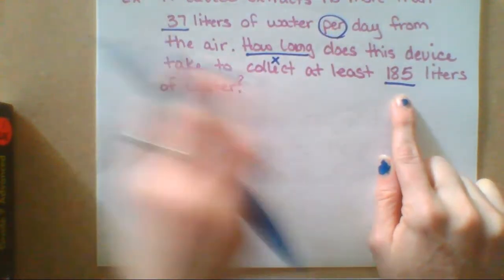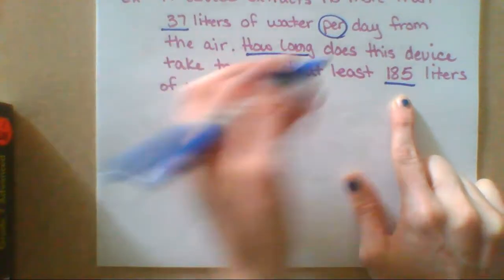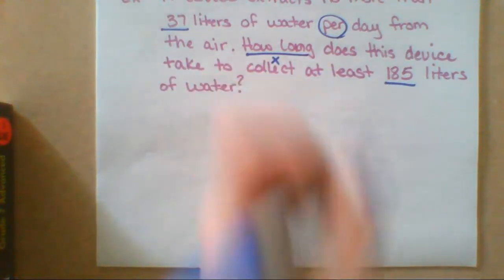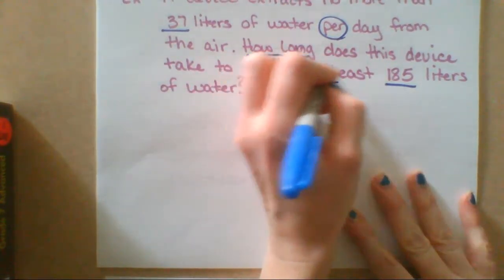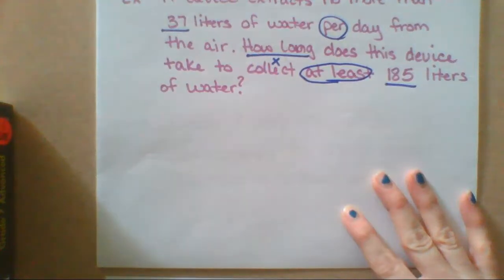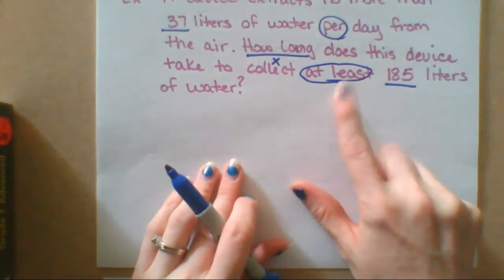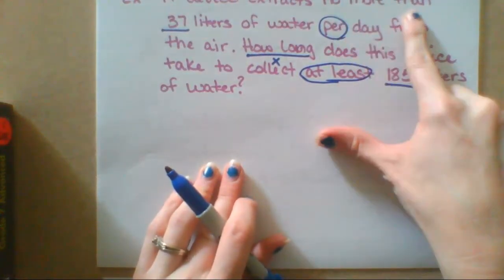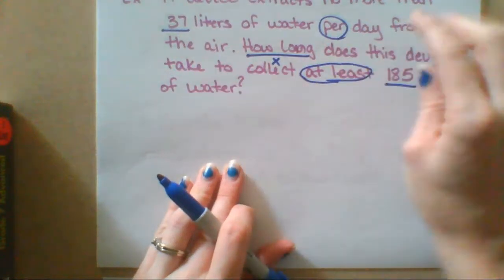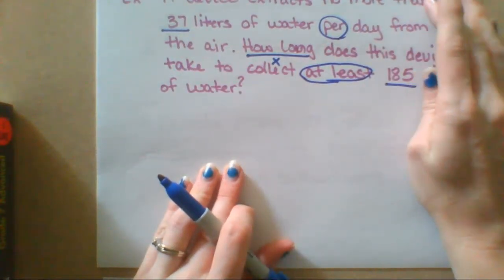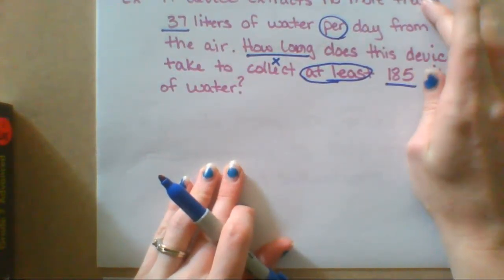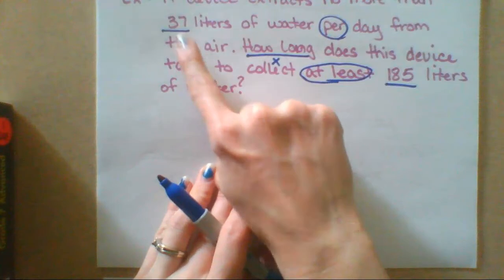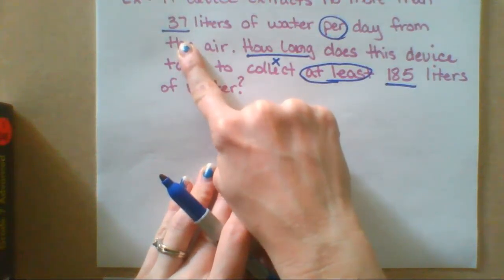How many days is it going to take to get to 185? Well, at least 185. So at least is another key word that we cannot overlook. So we've got to pay attention to the no more than 37, but we don't need that for an inequality statement. All that's telling us is that that's the maximum amount per day, okay?